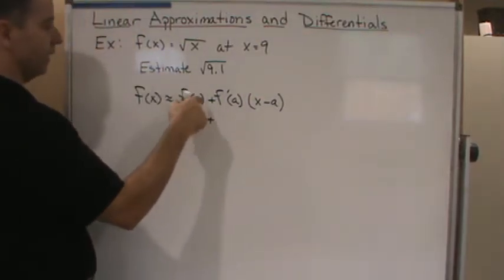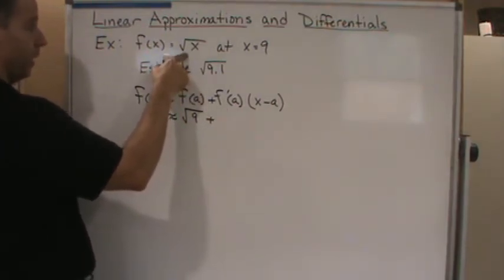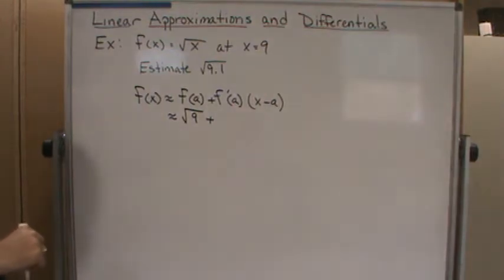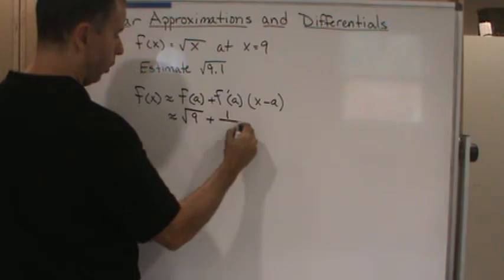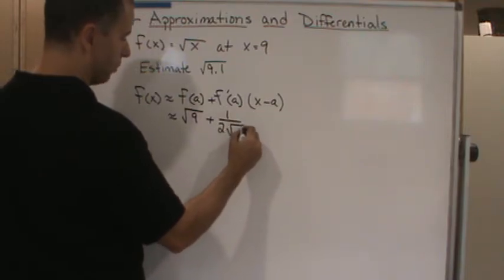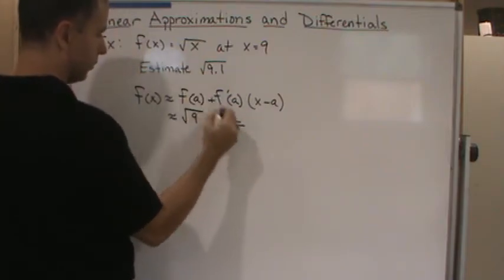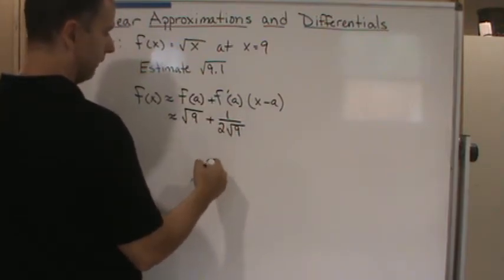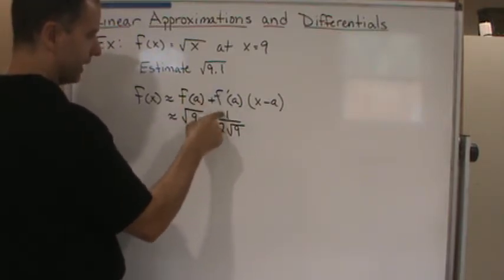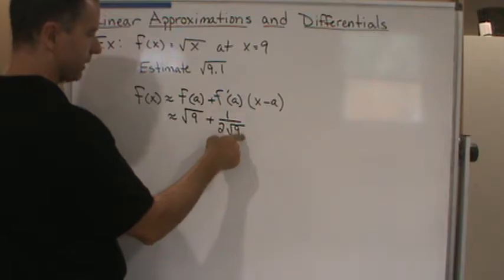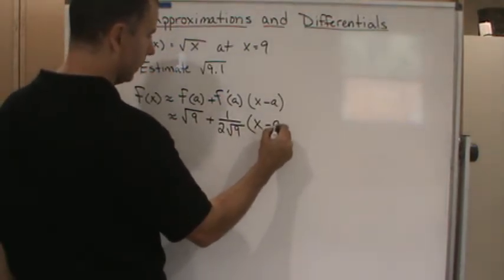the derivative. What's the derivative of the square root of x? That's 1 over 2 times the square root of x, and we plug in a, which is 9. So f prime of a is 1 over 2 times the square root of 9, times x minus 9.